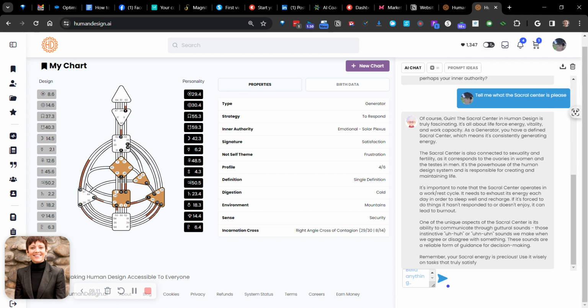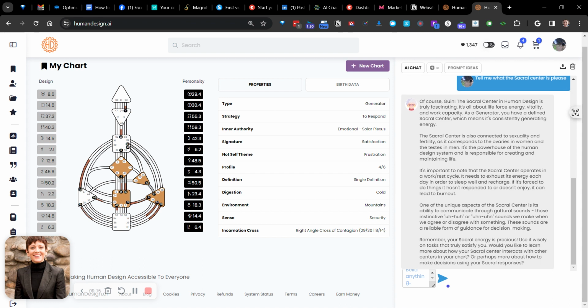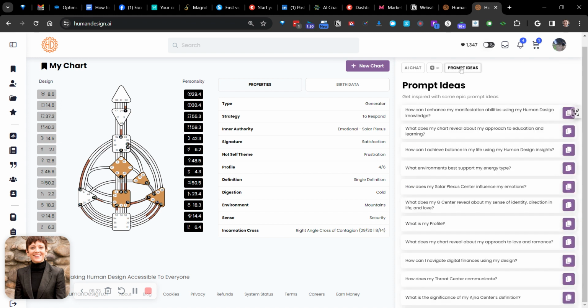Another fun and interesting thing to try when you're working with Bella, the AI assistant, there are prompt ideas. So, for example, you can just click over here to prompt ideas and you'll see some really great questions. How can I enhance my manifestation abilities using my human design knowledge?